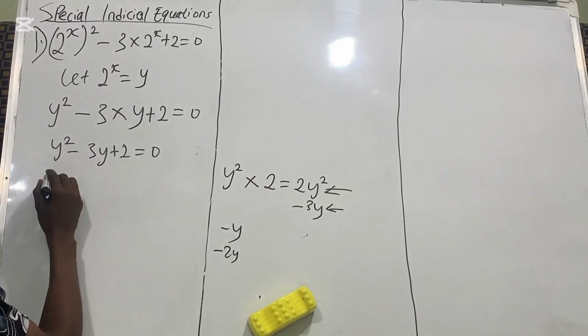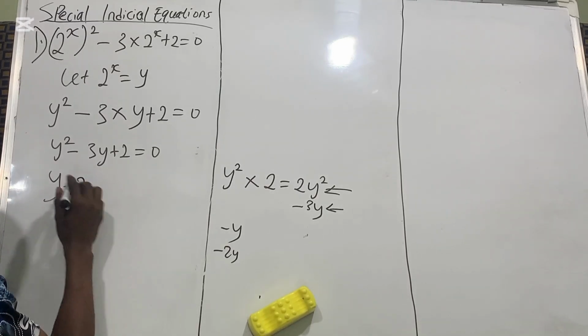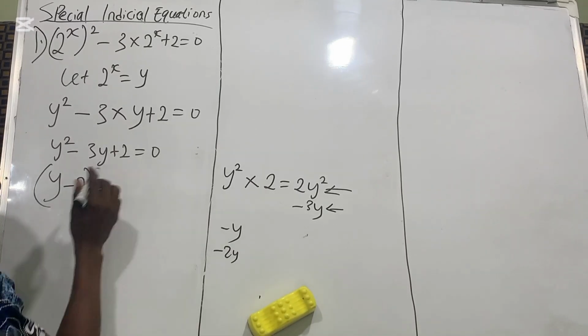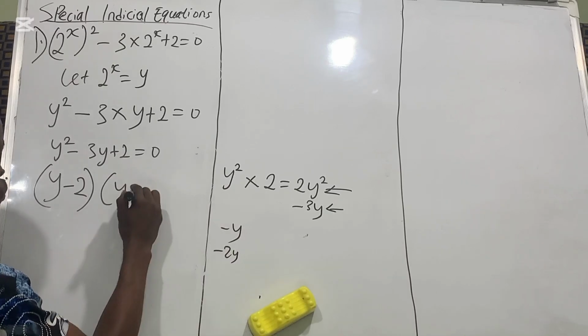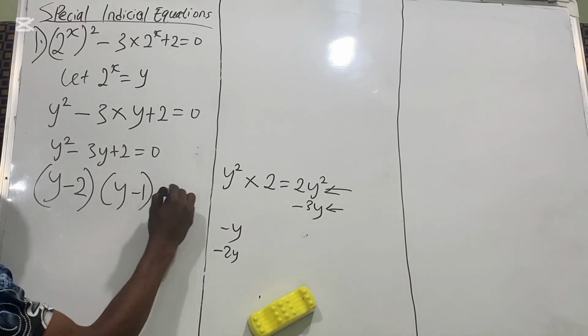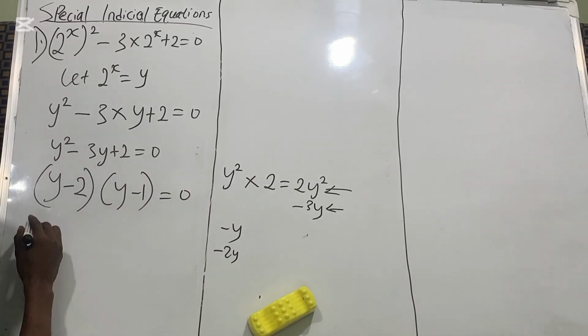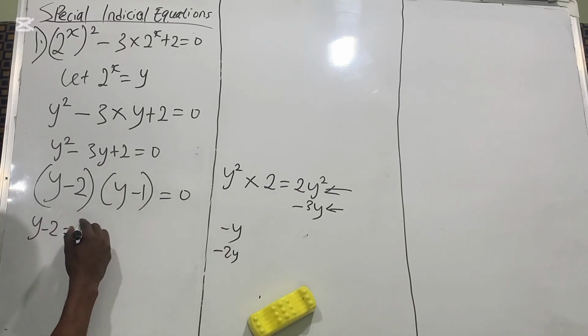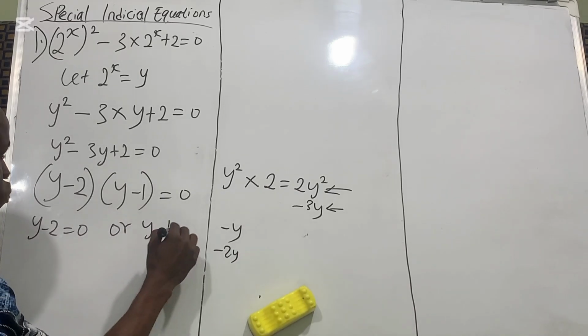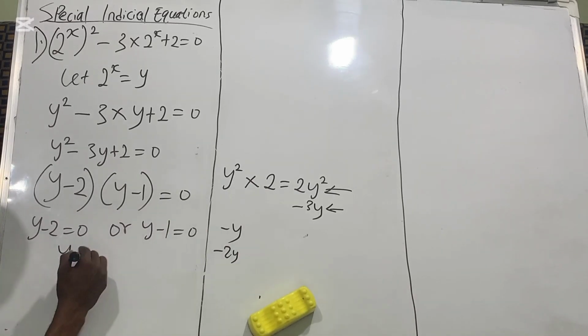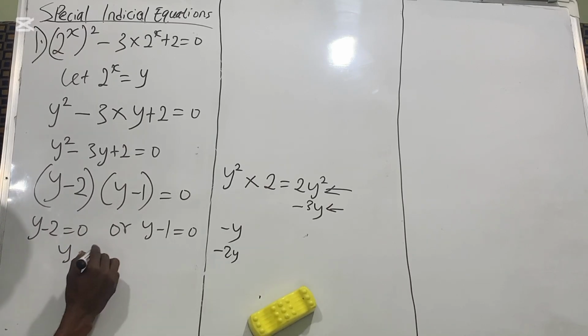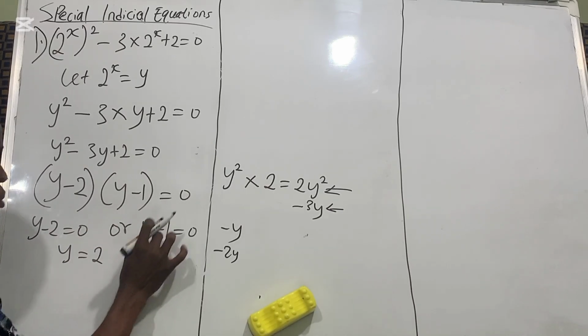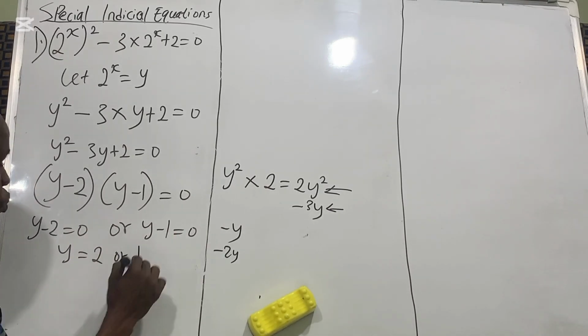So y minus 2 is a factor, and y minus 1 is also a factor, and this equals 0. At this point, y minus 2 equals 0, or y minus 1 equals 0. So y equals 2, or y equals 1.